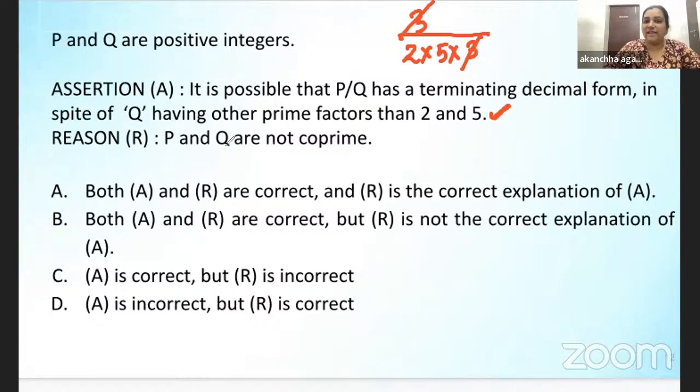Now, the second thing is P and Q are not co-prime. I said just now that if P and Q are not co-prime, then only it happens, and they are giving it as the reason. So which of the options is correct? Any answers?